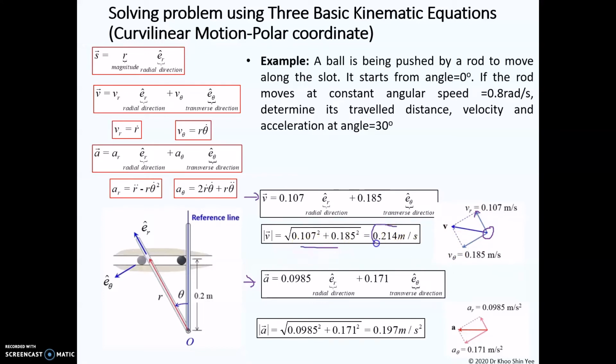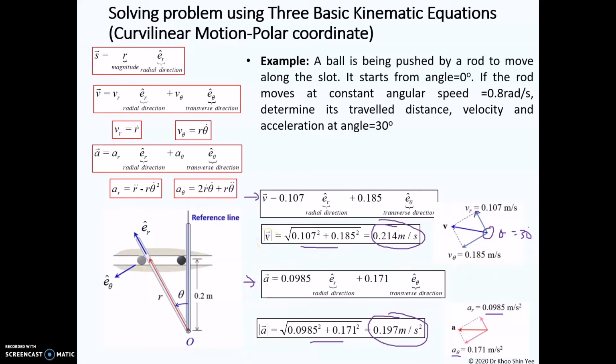So this is the magnitude. And for the acceleration, this is the radial acceleration and this is the transverse acceleration. And you can find the resultant by using this formula. With that, we succeed in obtaining the velocity and acceleration of the ball at angle equal to 30.